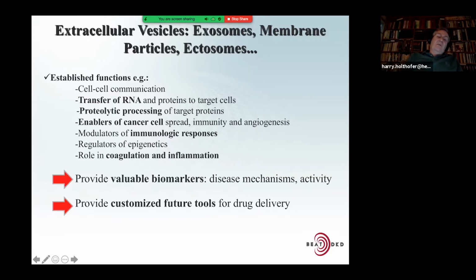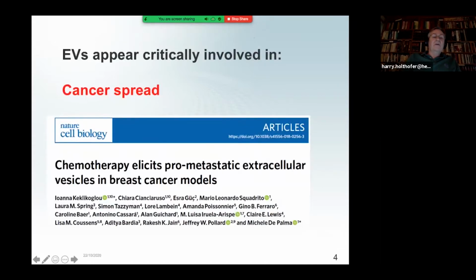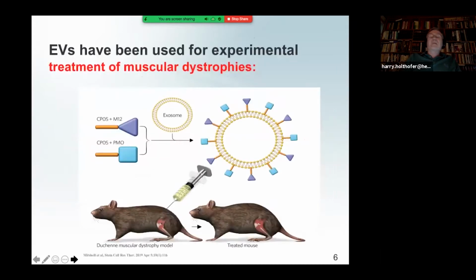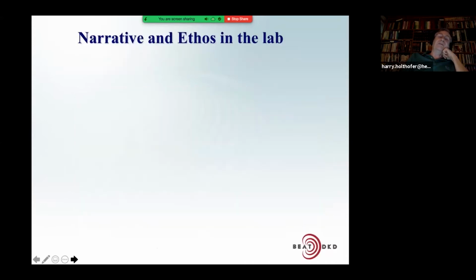And we are interested in them also because they can be customized into future tools for drug delivery as well. I won't go into detail about these brilliant articles on metastasis and the EV role in it, or signaling in and out of the brain, as well as, nowadays, very rapidly progressing treatments where vesicles can be used, like in Duchenne muscular dystrophy.